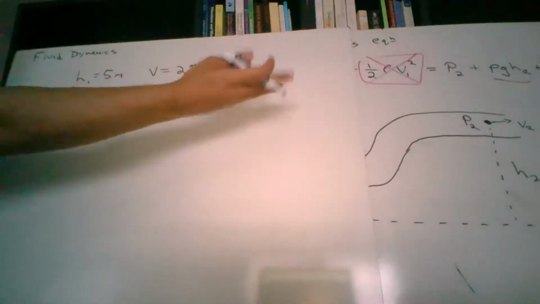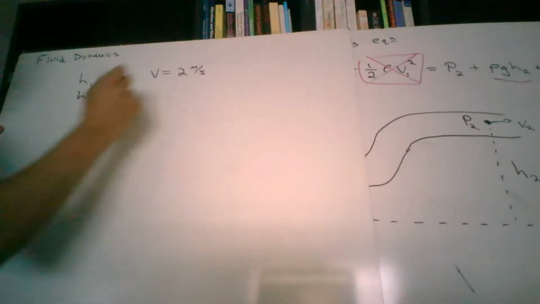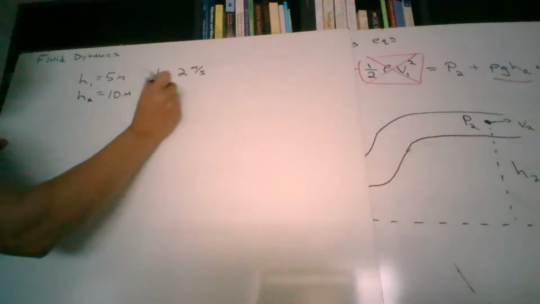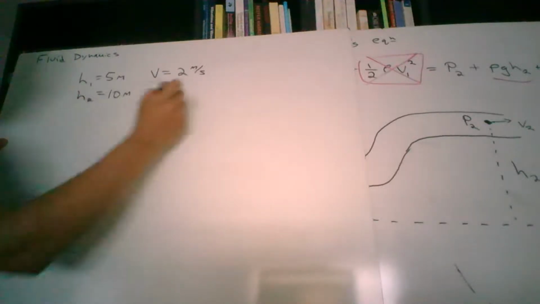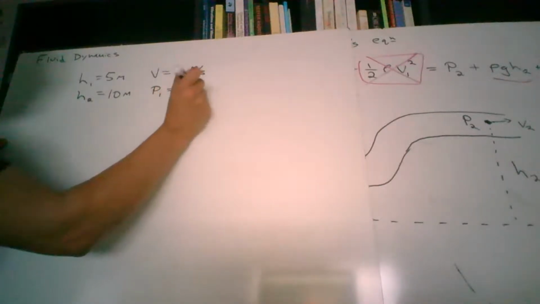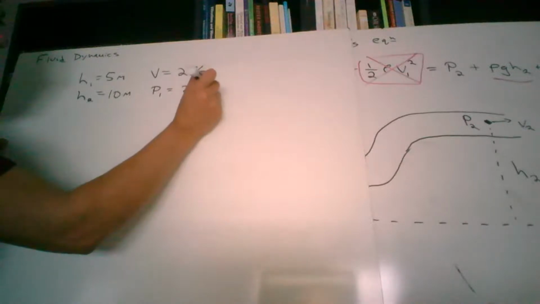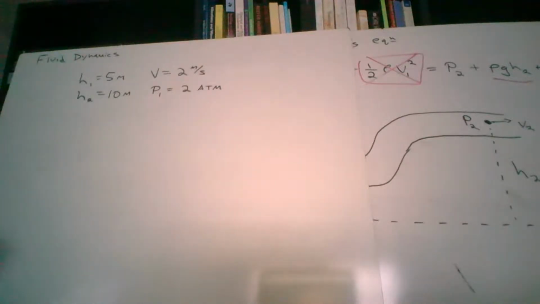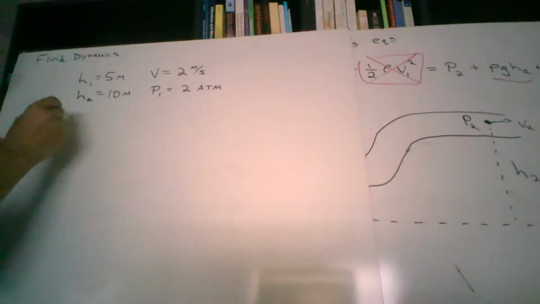But in our problem, it doesn't even matter. Pressure 1 is equal to 2 ATMs, atmospheric pressure. And we're talking about water.